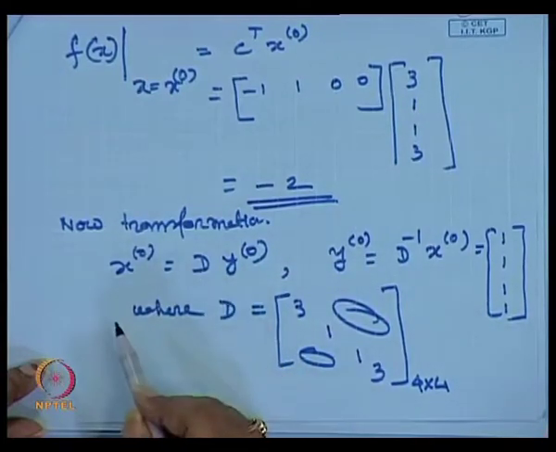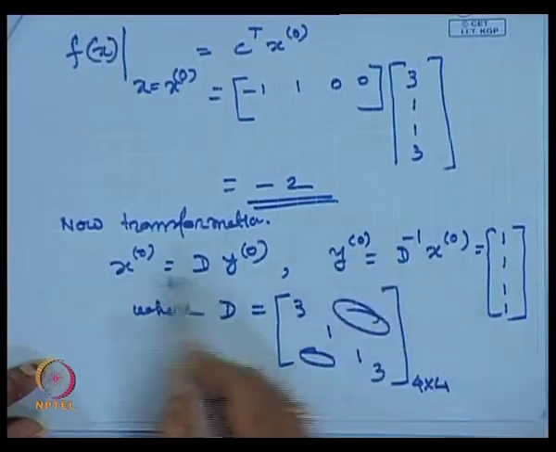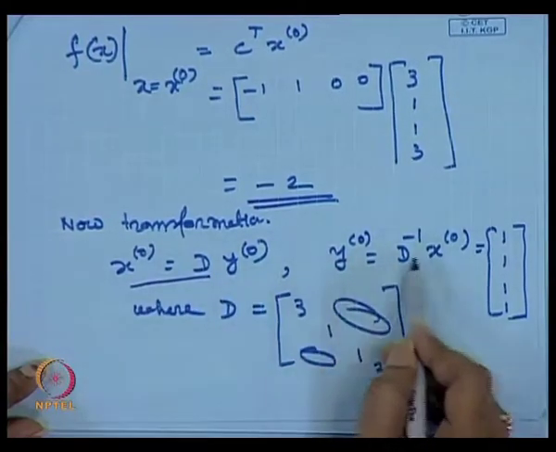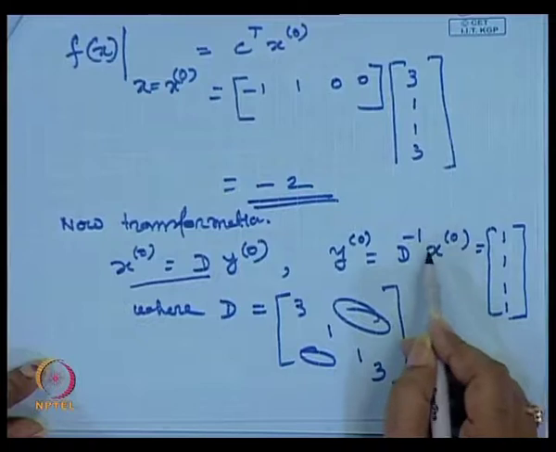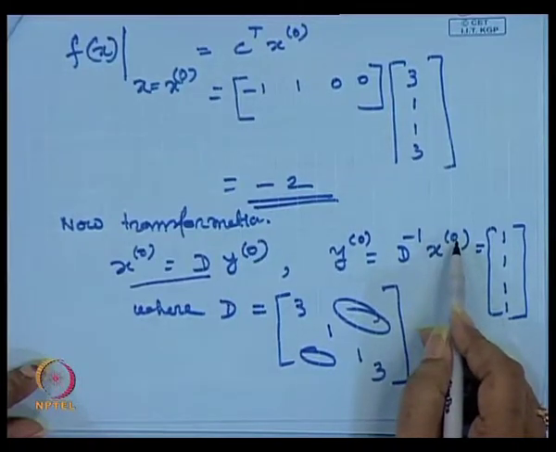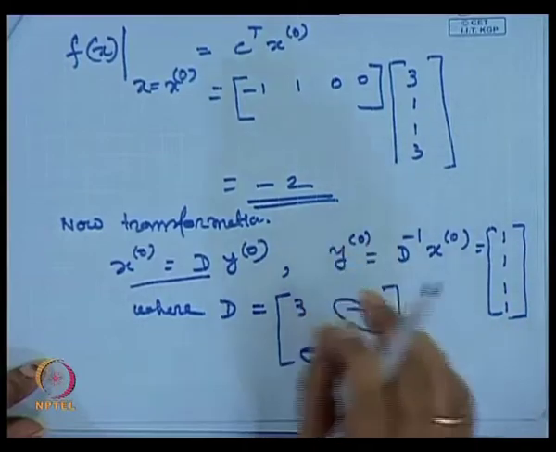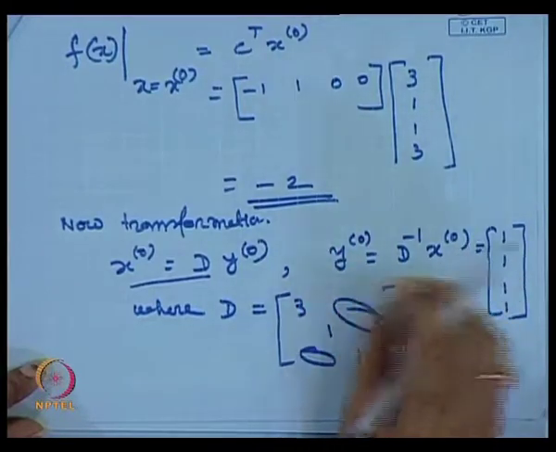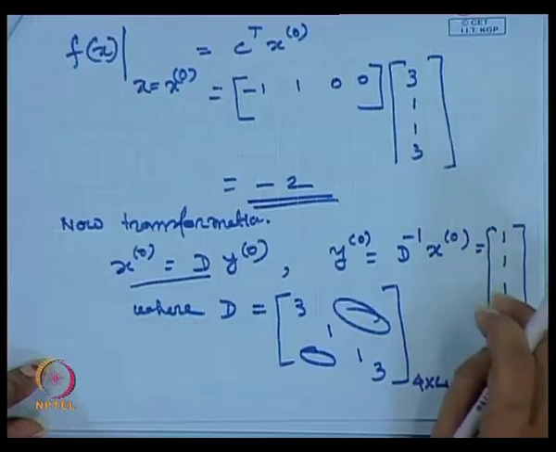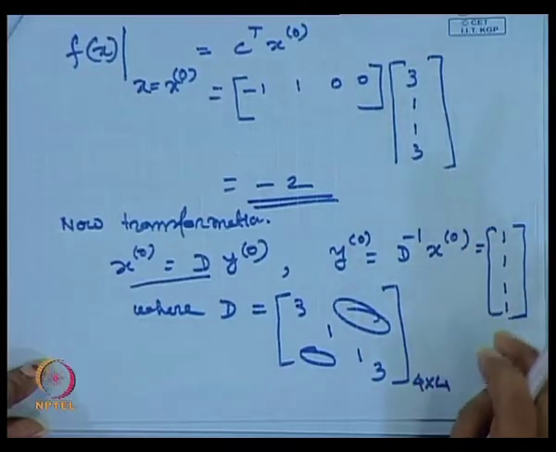You can say y0 is D inverse x0. So, you scale the initial interior point in such a way that in the new coordinate variables, or new decision variables, y1, y2, y3, y4 are equidistant from the axes.